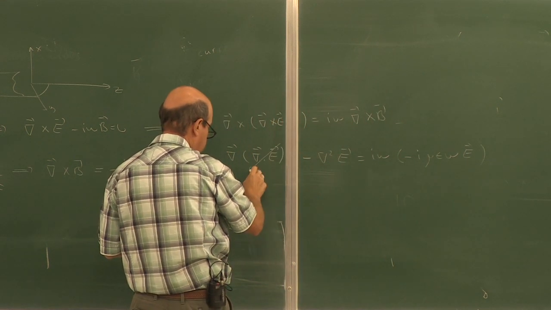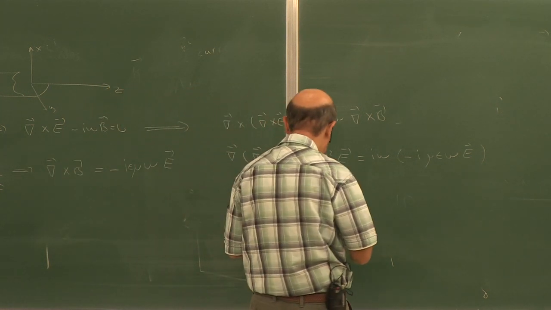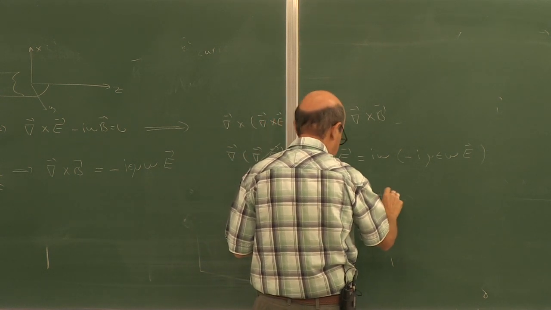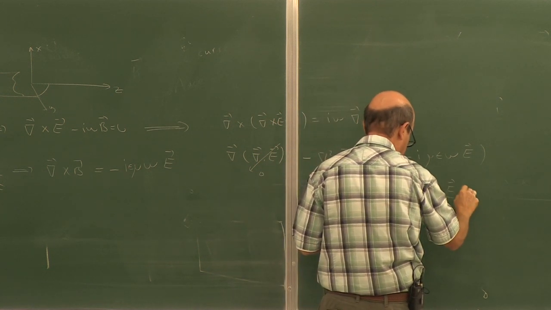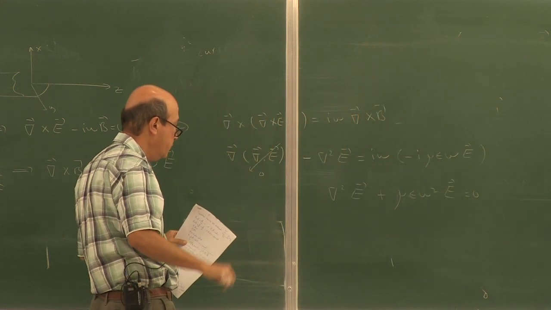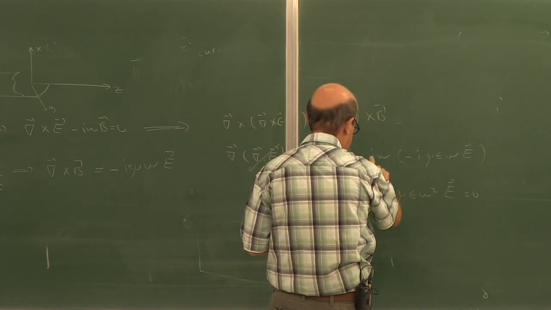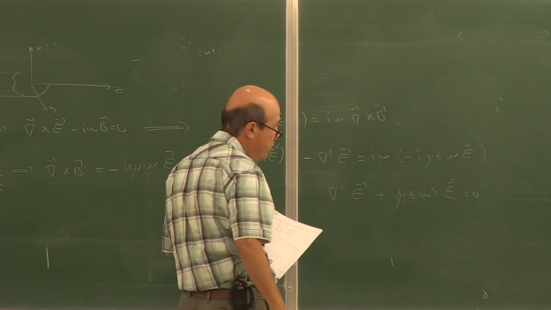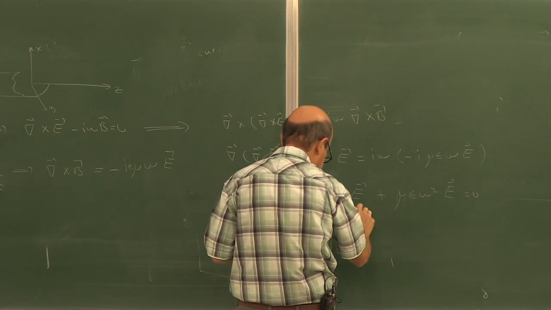No free charges, del dot E equal to 0, and you will obtain Laplacian E plus mu epsilon omega square E is equal to 0. So this is the wave equation. In free medium the solutions are the plane waves. If the sign is okay, this is minus, plus goes there, everything is okay. So if you do the same thing for the magnetic field, you will get the wave equation for the magnetic field.